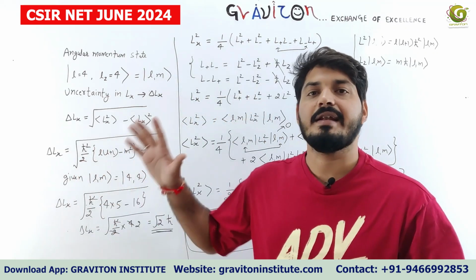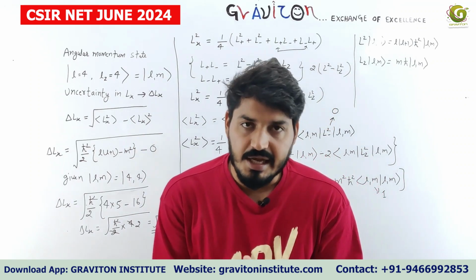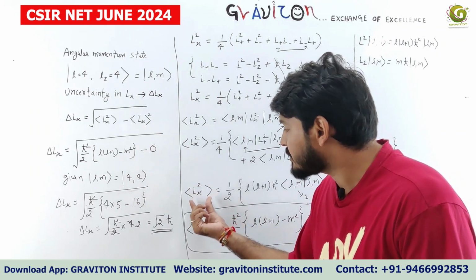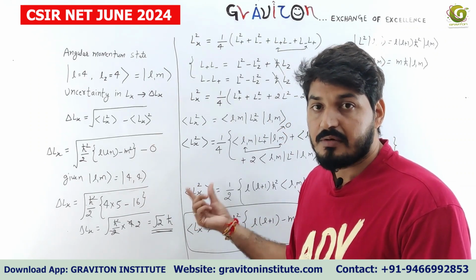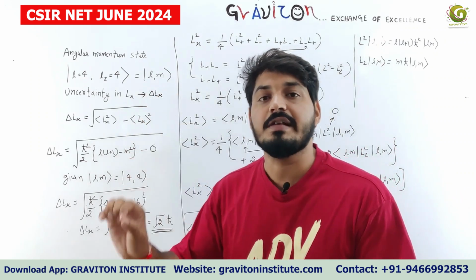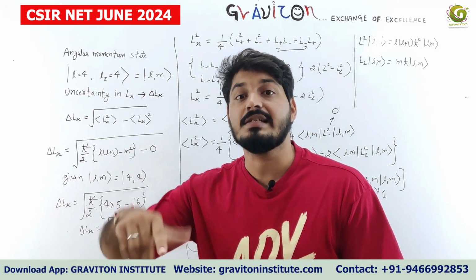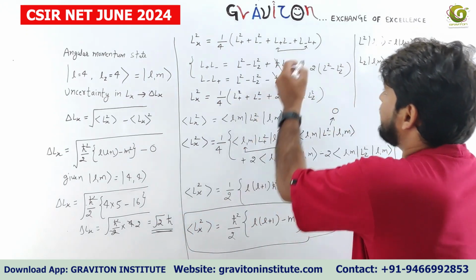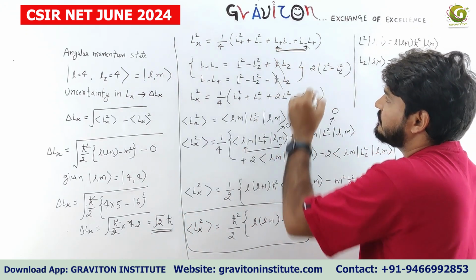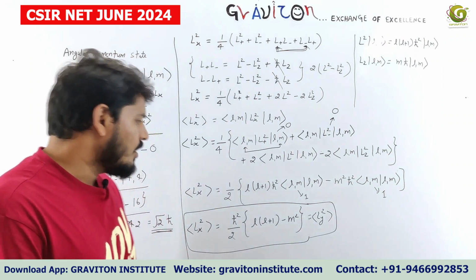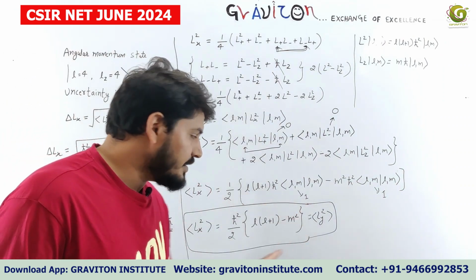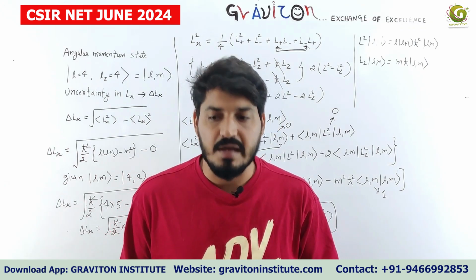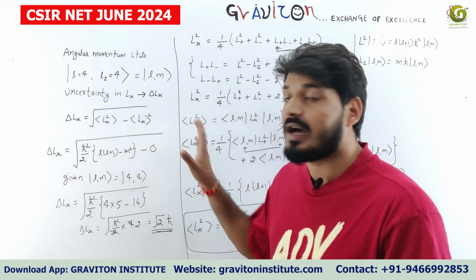Fine. So very simple and straightforward question. आपको याद क्या रखना है इस क्वेश्चन में? The important thing is how to find out the expectation value of Lx². First thing is ⟨Lx⟩ is always 0 in any state Lm. Second thing is how to find out the expectation value of Lx². ठीक है? उसके लिए आपको ये भी आना चाहिए कि ये वैल्यू कितना होगा. फाइन. और अगर आप याद रख सकते हैं, you can directly remember this formula for expectation value of Lx² and expectation value of Ly². देखिए ऐसे क्वेश्चंस हर बार आते हैं.